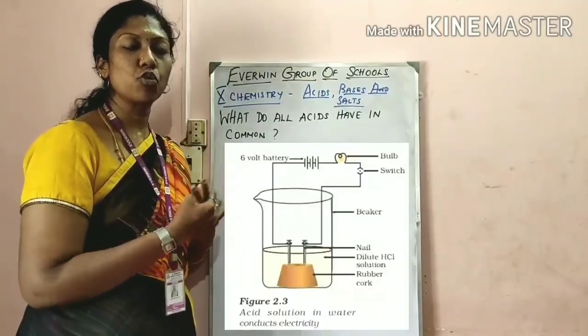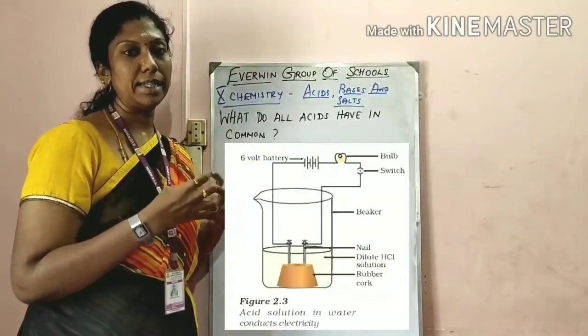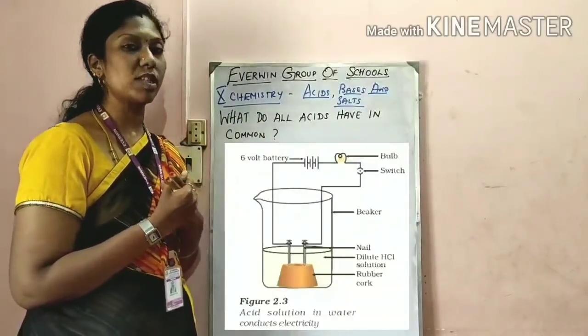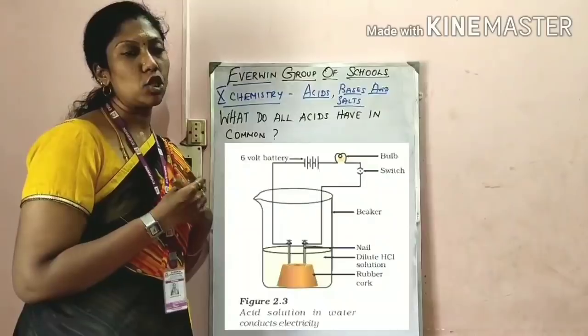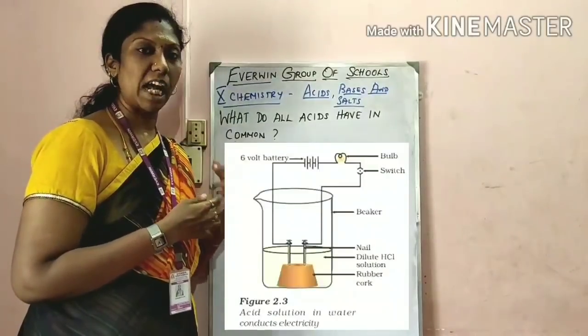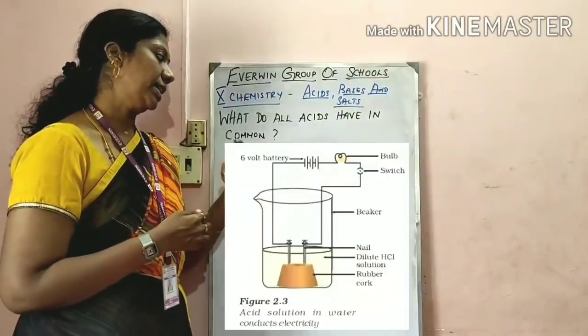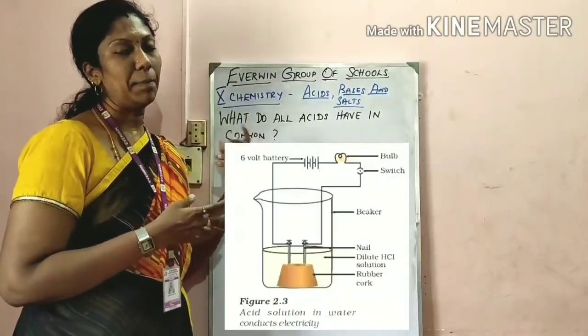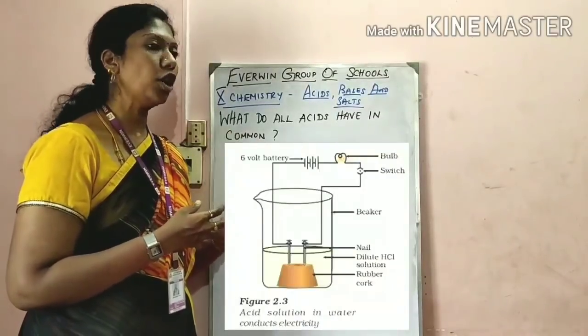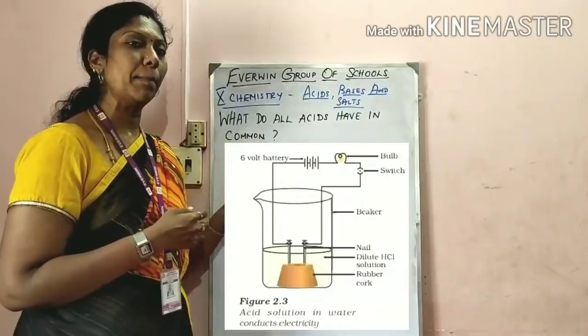So the first 2 samples are good conductors of electricity and the bulb started to glow, whereas samples C and D do not conduct electricity and the bulb does not glow.